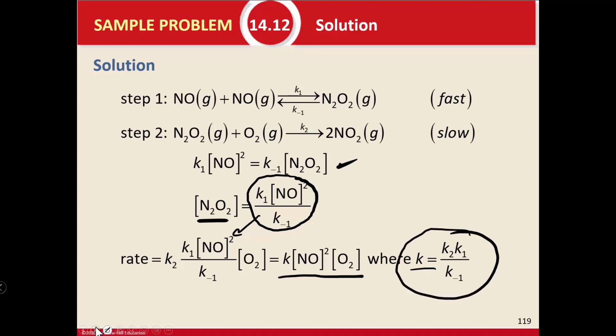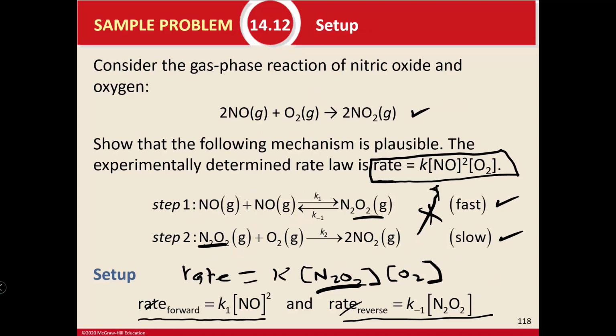I don't think they're hard. In fact, I think it's like a puzzle. And once you understand that, you're going to do fine. Based on the knowledge that the slow step is the rate determining step, you know how to write the rate law for the slow step. And then you realize, hey, this is an intermediate.